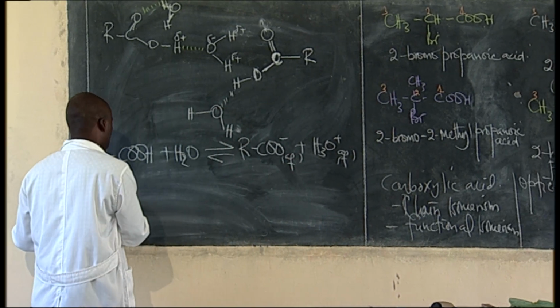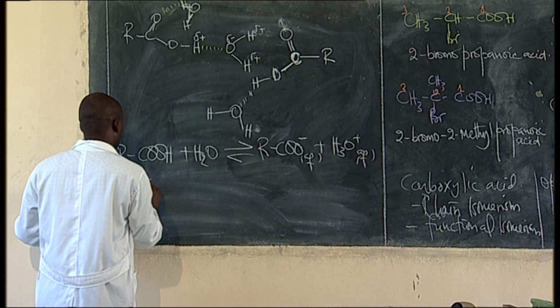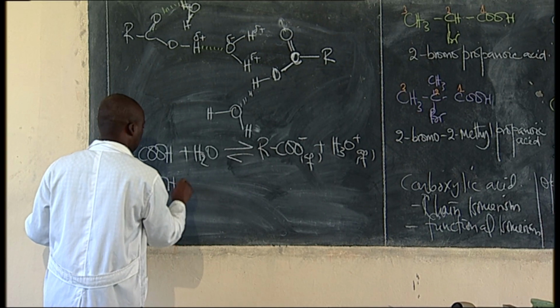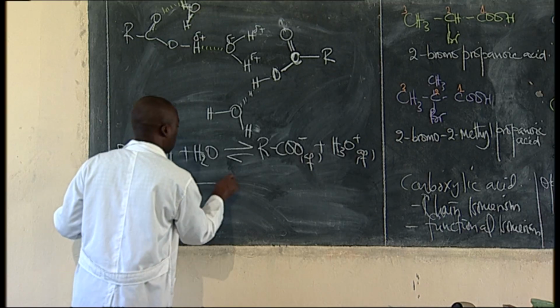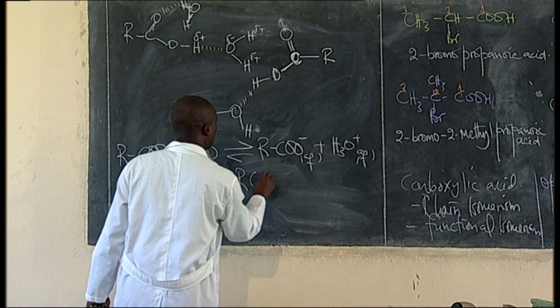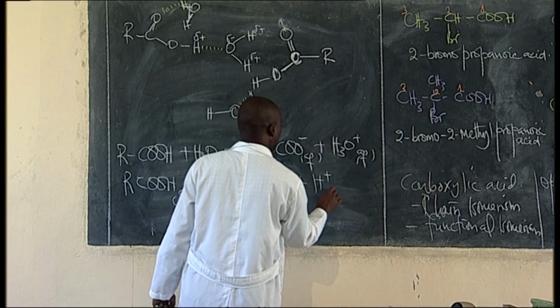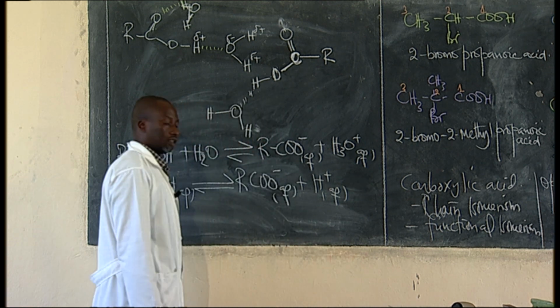Or we can represent this as RCOOH, aqueous, with the reversible arrows indicating the carboxylate ions and the hydrogen ions, as simple as that.